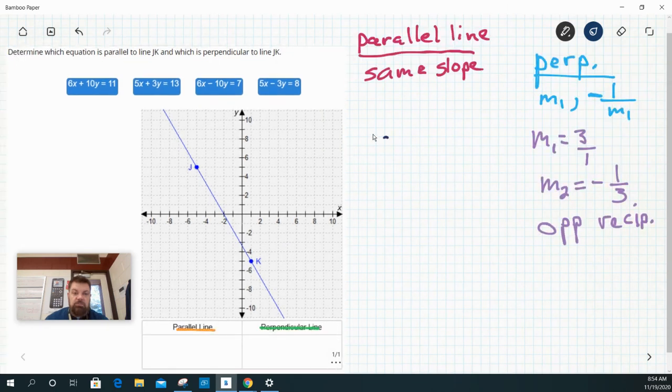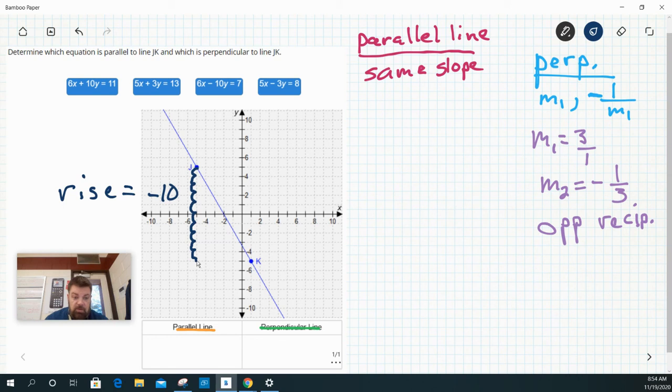So I'm going to go down. I notice that K comes out to here. So to get from J to K, I go 1, 2, 3, 4, 5, 6, 7, 8, 9, 10. And I'm going down, so that's a negative 10. That's my rise.